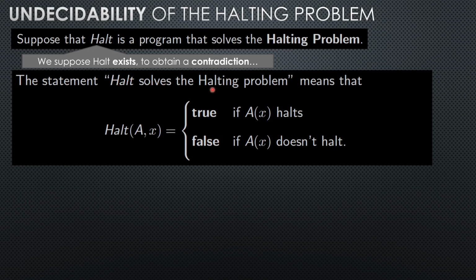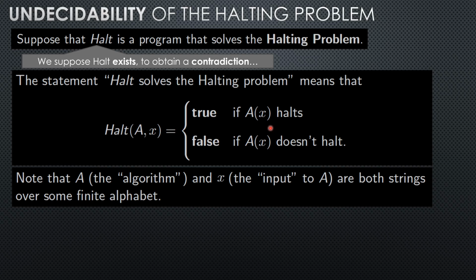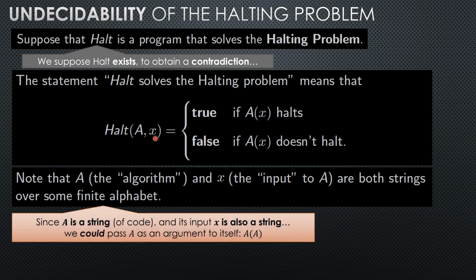So halt solves the halting problem means for every possible input A comma X, halt in finite time returns the correct answer, true or false: does A of X halt? That's what that means. And as I said, A is just a string, like the code, and X is just a string, the input to be fed to that code.